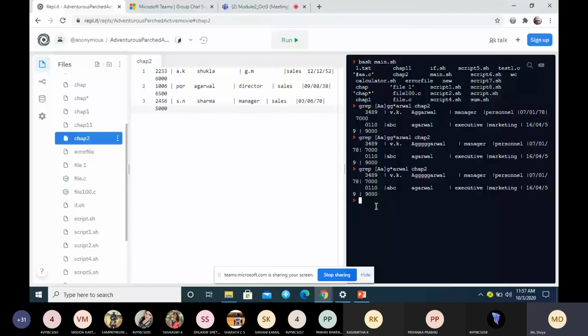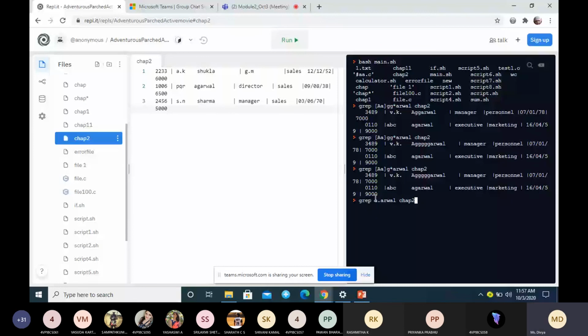So what I do is I write grep a dot arwal in the file chat. So what I'm telling is, the second character can match any single character.